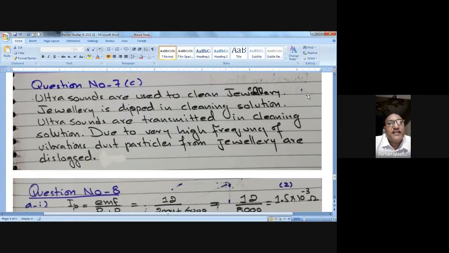Jewelry is dipped in cleaning solution. Ultrasounds are transmitted into cleaning solution. Due to very high frequency of vibrations, dust particles from jewelry are dislodged. So this is how you do the cleaning of the jewelry with the help of the ultrasounds. I hope that you have understood this. It was a 2-mark question.